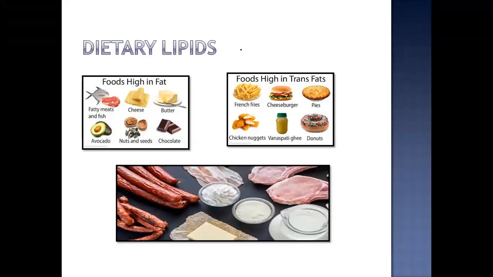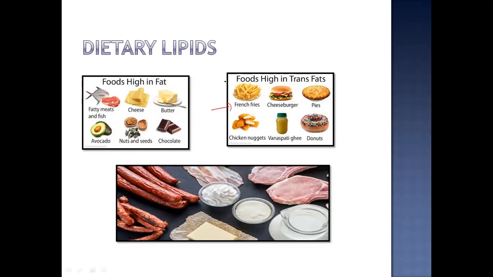Okay, fine. So all of you know the dietary source of lipids includes milk, milk products such as the curd, paneer, cheese, etc. Apart from this, there are certain non-vegetarian sources like fish or liver. They are the main sources of lipids in our diet.